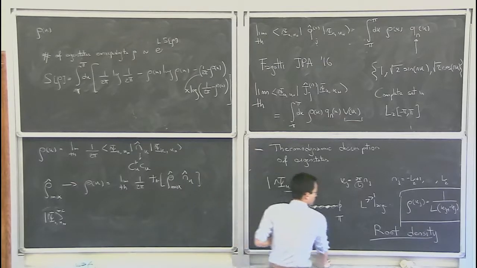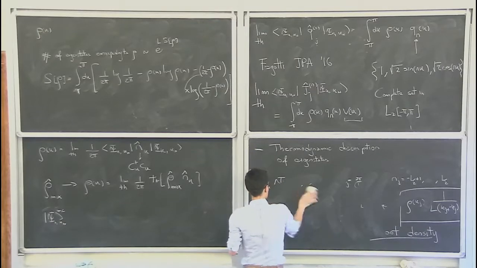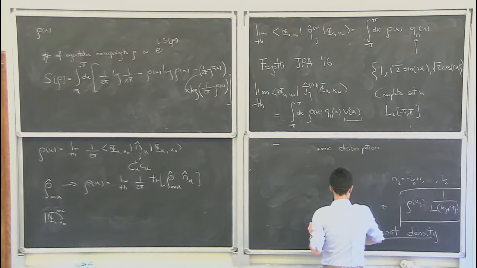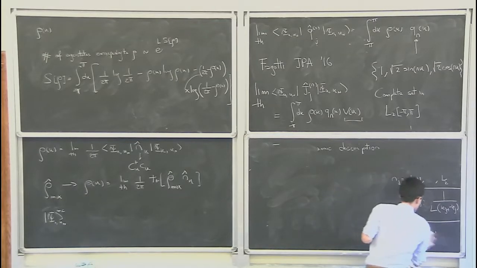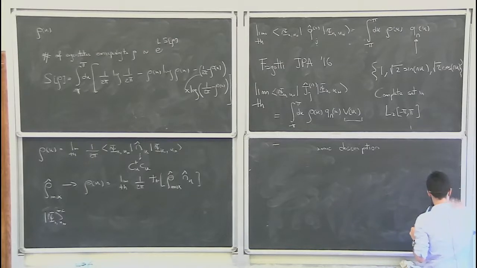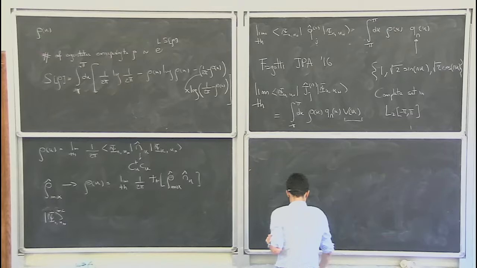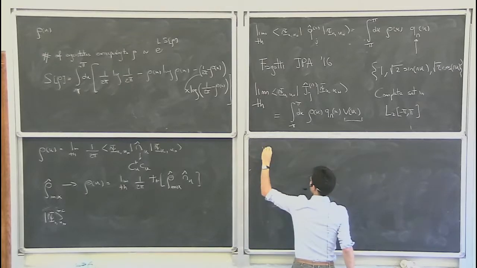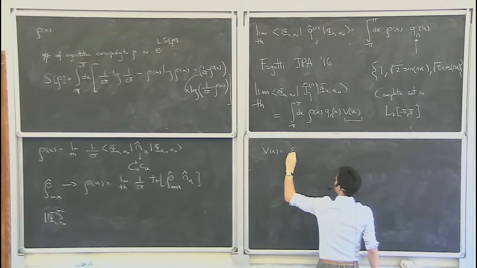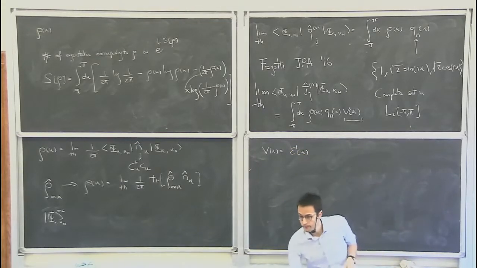Okay? So this vk function, in our case, is just the first derivative of the dispersion relation with respect to the momentum k.